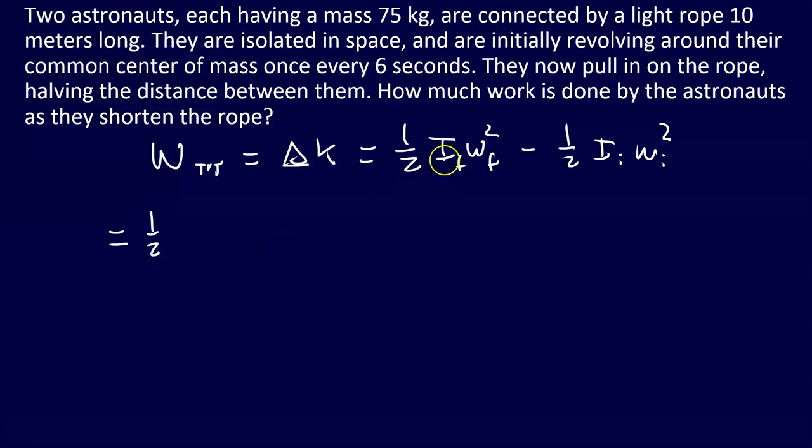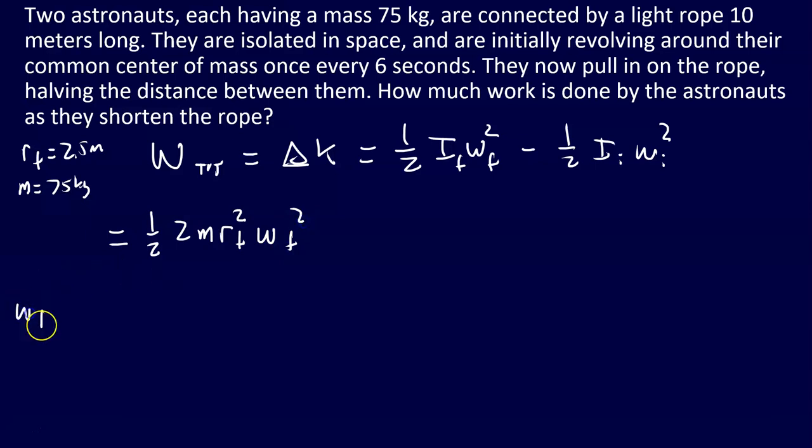So we have the 1/2. Our final moment of inertia was 2m, the radius final squared, where again, let's just remember that that radius final for us was 2.5 meters. Also, the mass given in this problem is 75 kilograms. And then all of that times our omega final. Remember that for omega final, we got this number of 4.188 radians per second.